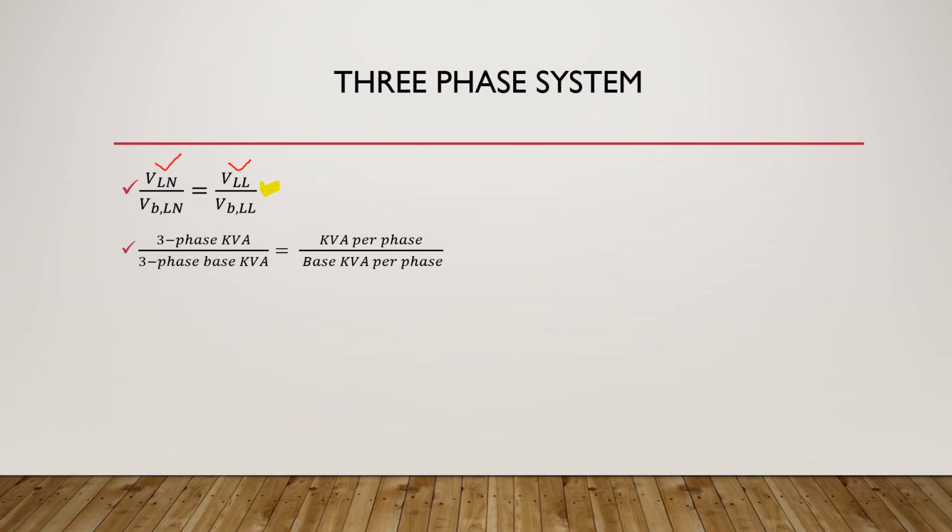The next point is, here also the numerator is the actual value of 3-phase kVA, and the denominator is the 3-phase base kVA. Similarly, the second part is the kVA per phase divided by the base kVA per phase. That means the first part is the per unit value of 3-phase kVA, and this is the per unit value per phase. These two points we need to keep in our mind.